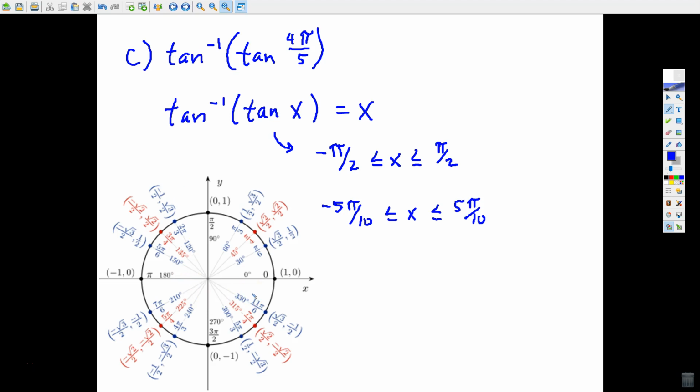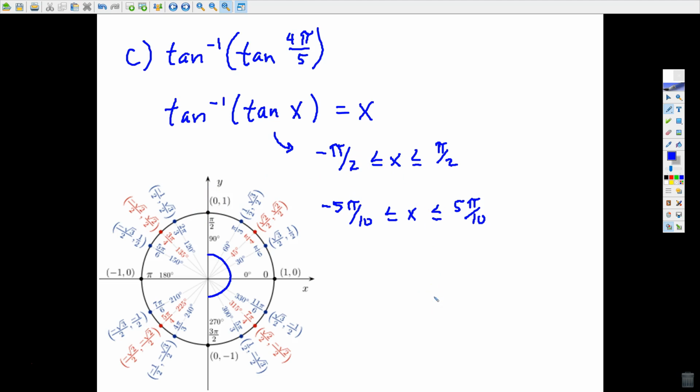So once again, your first thought should be, is 4 pi over 5, again, we're thinking about inverse tangent, and for inverse tangent, the numbers that we're looking for have to be on the right half of the unit circle, just like sine. Is 4 pi over 5 within this negative pi over 2 area?